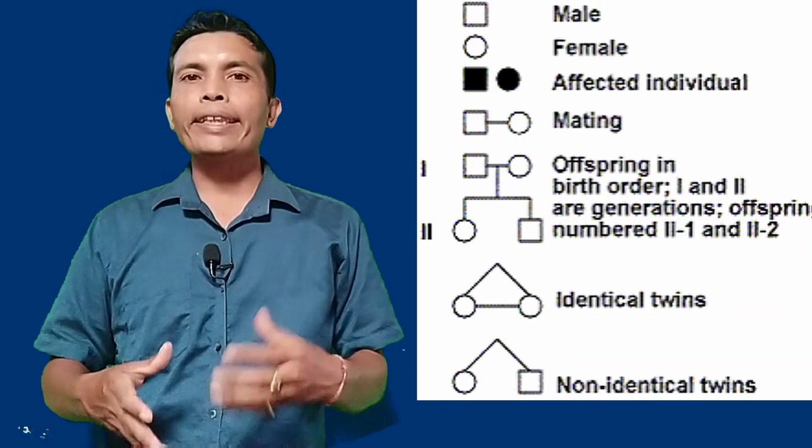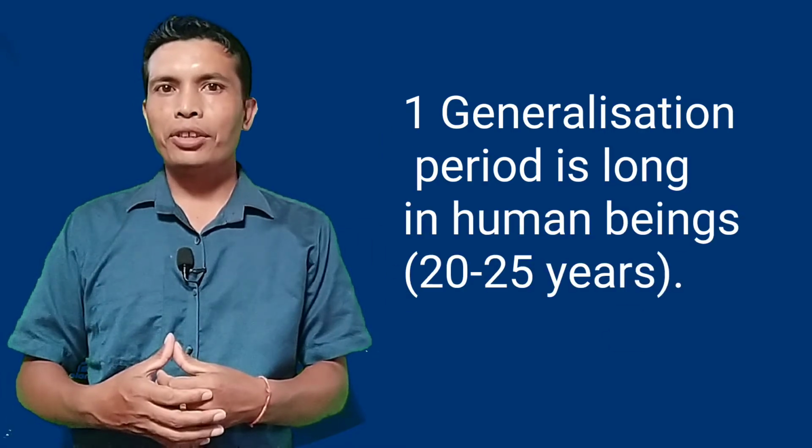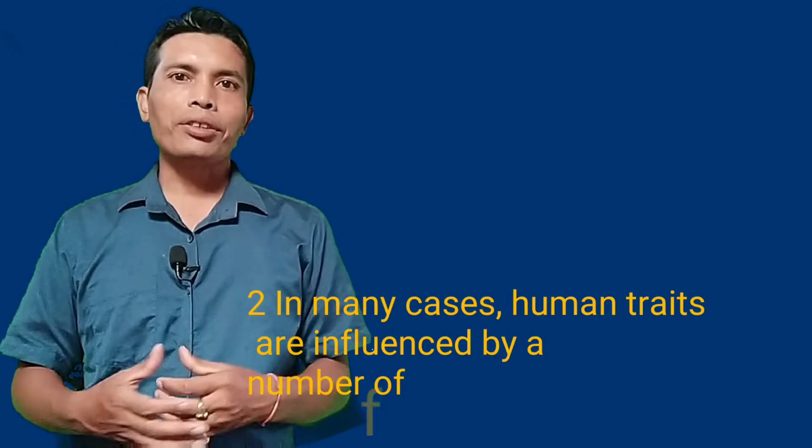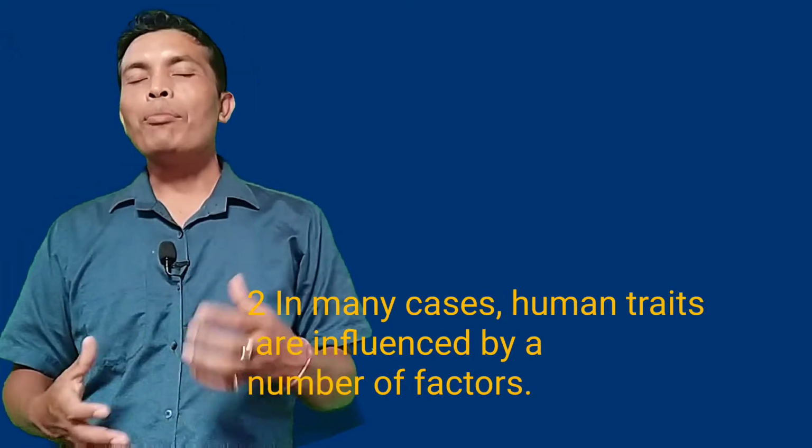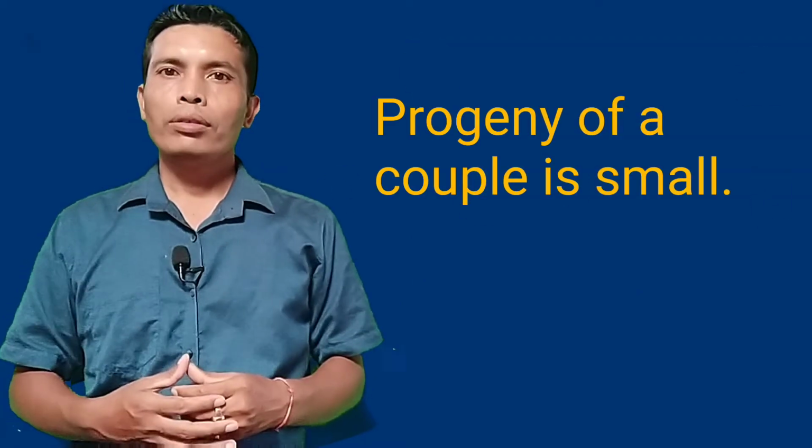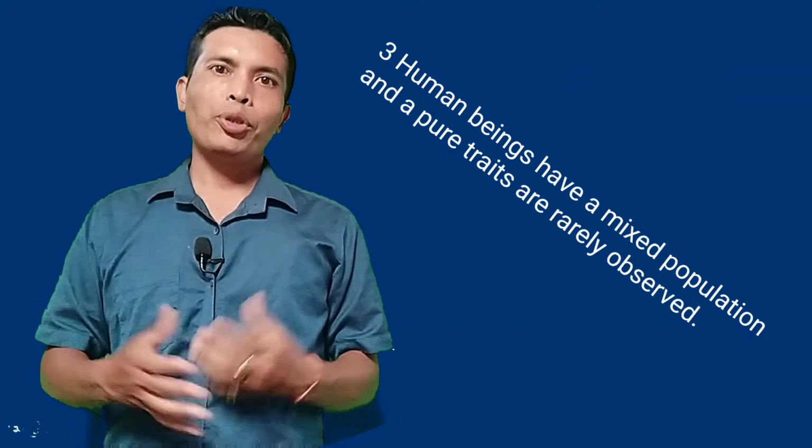Let us know the importance of pedigree analysis. Firstly, the generation period is long in human beings, 20 to 25 years. Secondly, in many cases, human traits are influenced by a number of factors. Progeny of a couple is small. Thirdly, human beings have a mixed population and pure traits are rarely observed.